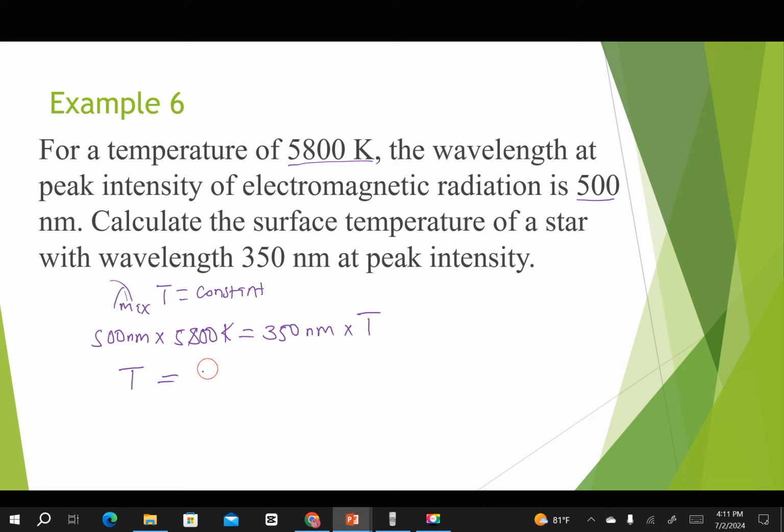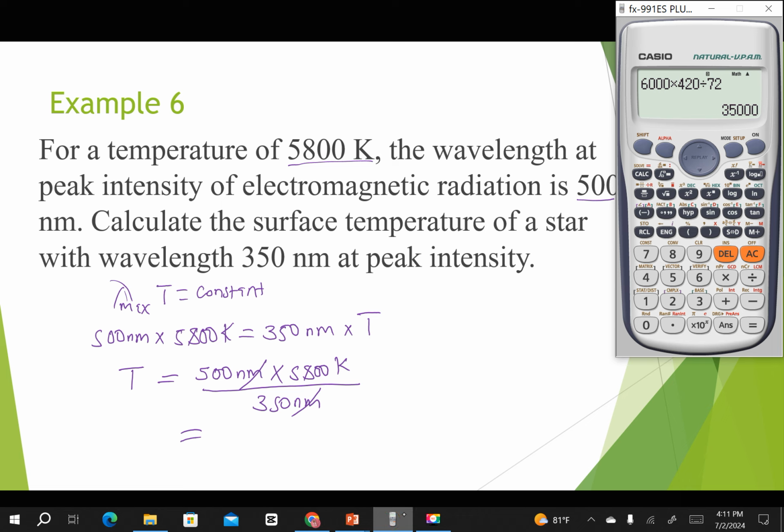So this is going to be 500 nanometers times 5,800 Kelvin, divided by 350 nanometers. Of course, nanometers cancels, which implies my answer is in Kelvin. So I have 500 times 5,800 divided by 350.